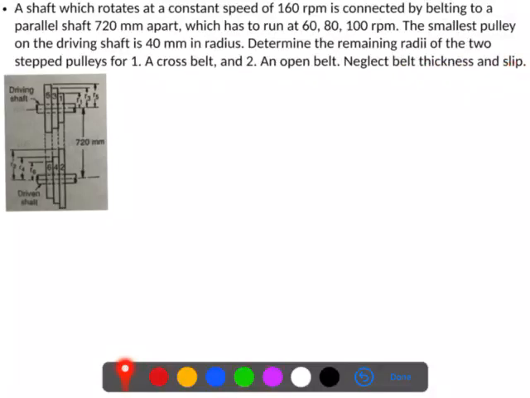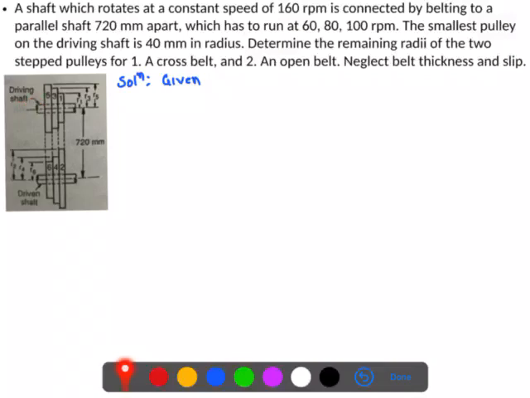So first of all we will consider what is given. So finding the solution, we will write down what is given in the problem statement. In the problem statement, what is given is the speed of the driving shaft.